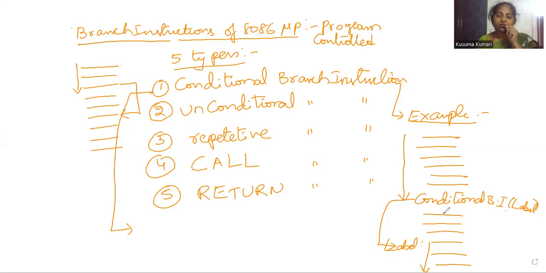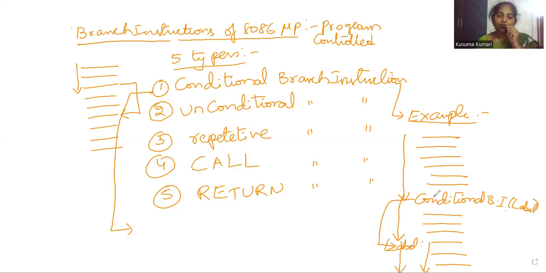The instructions in between will not execute. If the condition is not satisfied, then the microprocessor simply ignores this and executes the program sequentially.